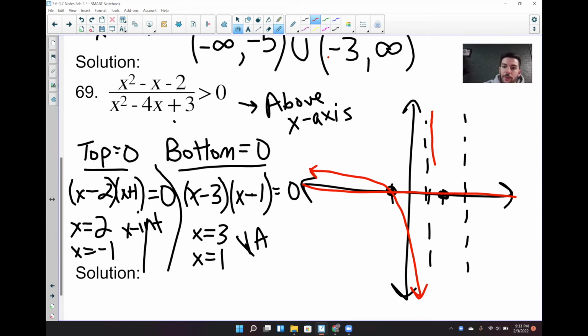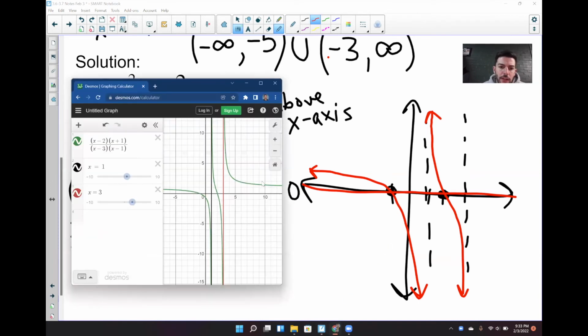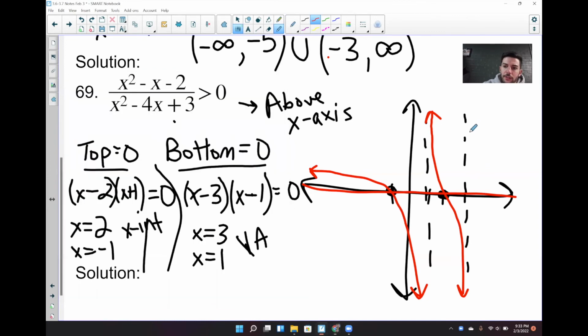And then it's coming up from up here, going through there, at +2, my other x-intercept, and then comes up here like so. Okay. So there's my graph. A little bit more complicated. Makes sense because we have a more complicated equation.